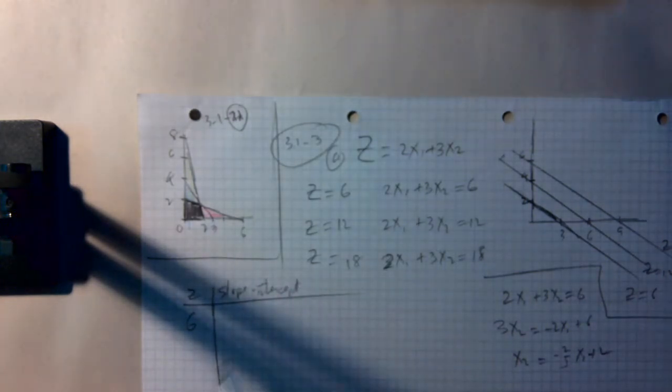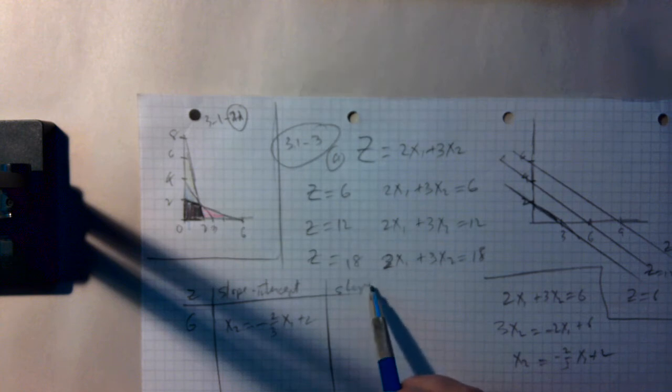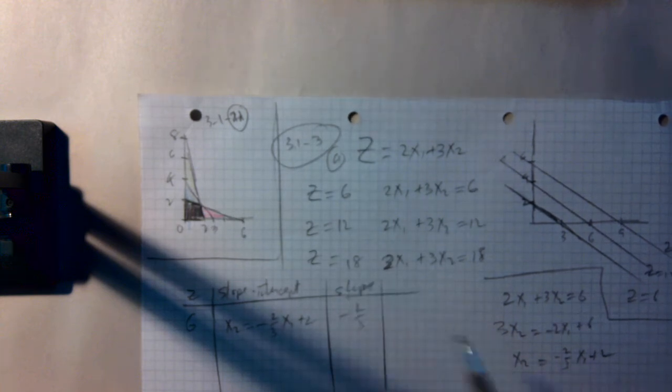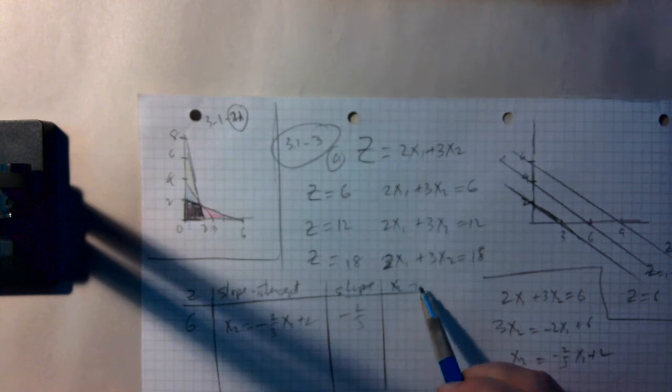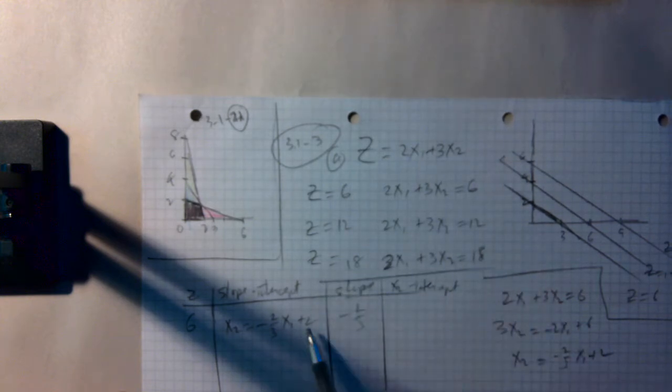That's the slope-intercept form of the line. And the slope is minus 2/3. And the x2 intercept is 2.